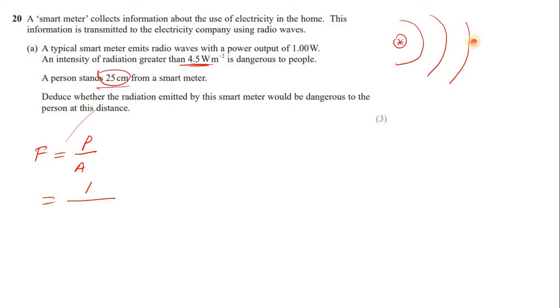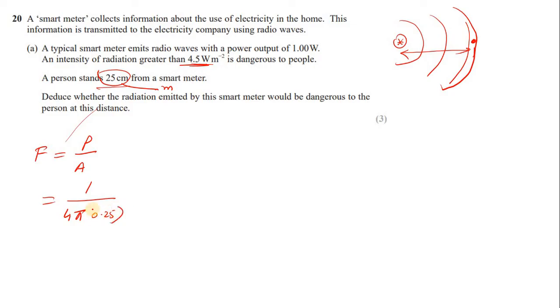And person is standing there, this is 25 centimeter distance. So of course area, we need to use area of that sphere at 25 centimeter. So 1 upon area, which is 4 pi r square or d square. Distance is 25 centimeter, need to convert into meter always.